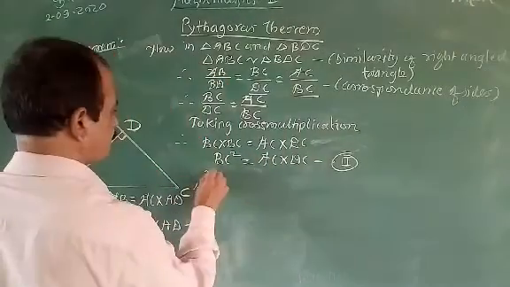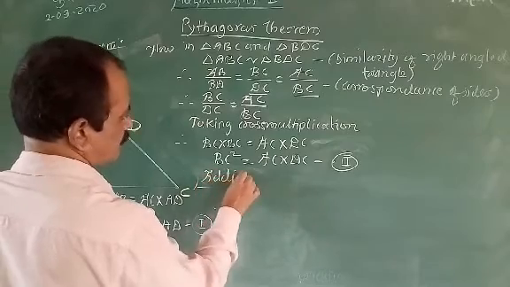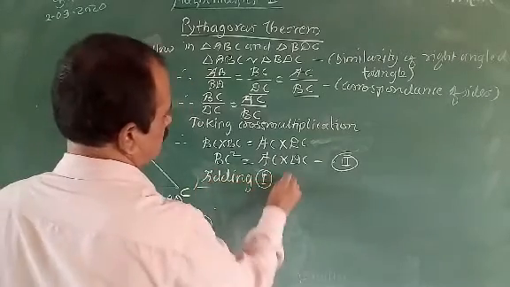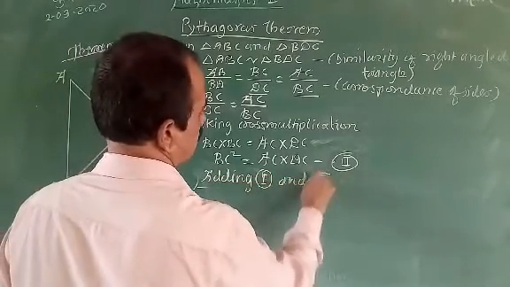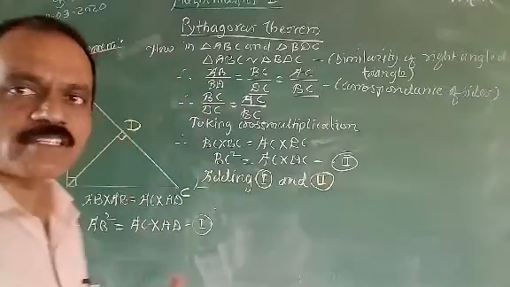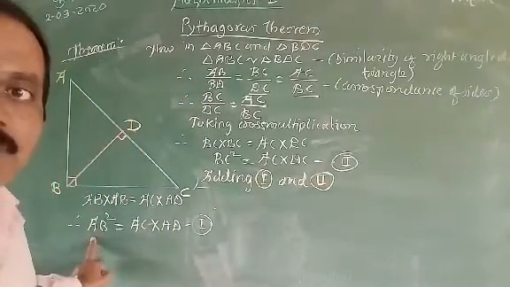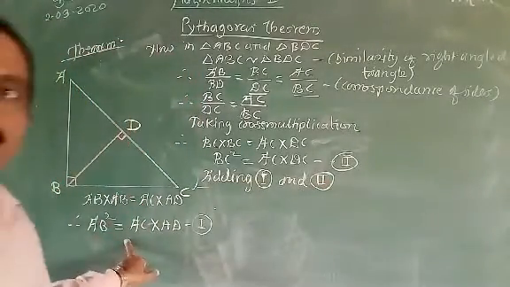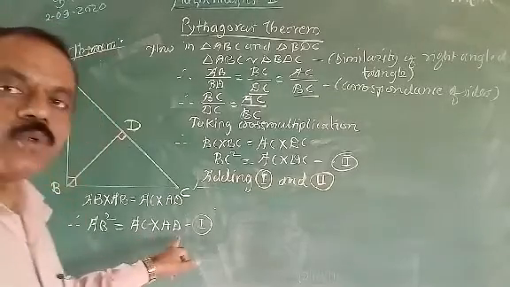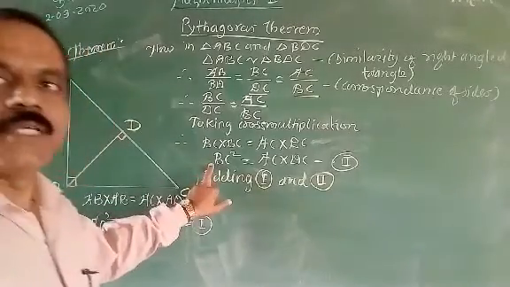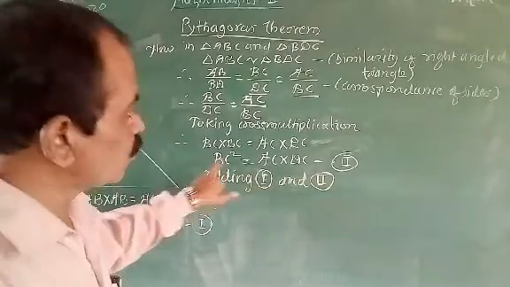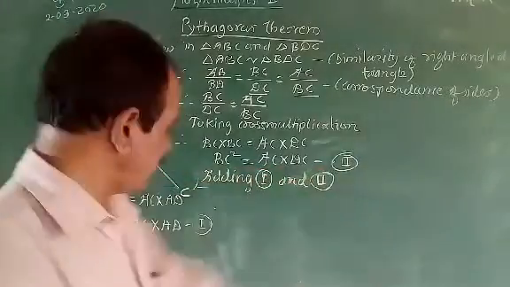Adding first and second, we add these two: AB square is equal to AC into AD, plus BC square is equal to AC into DC.